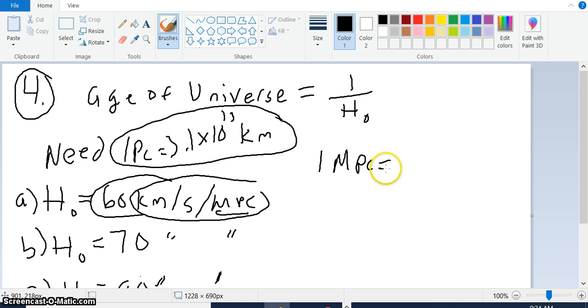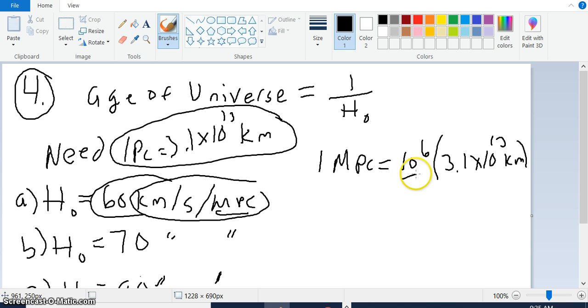So it would be what it is in kilometers for 1 parsec, multiplied by 10 to the 6th: 3.1 times 10 to the 13th kilometers.